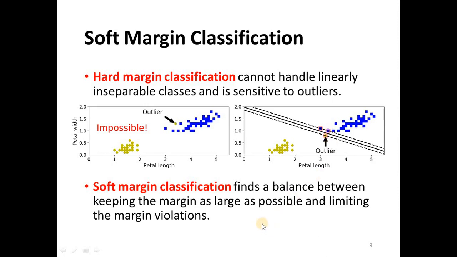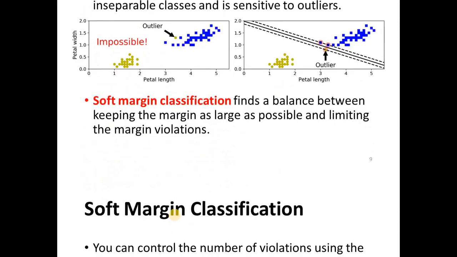The current solution is to use soft margin classification, which finds a balance between keeping the margin as large as possible and limiting the margin violations. In soft margin classification, you can have some violations inside the boundary.